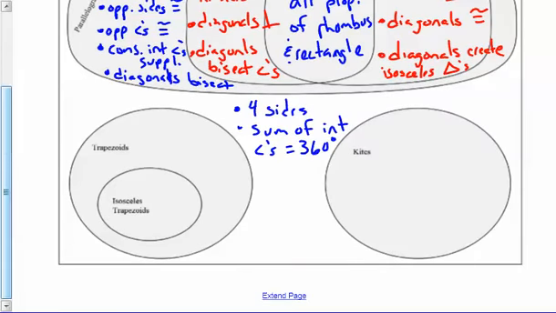So let's just roll down here a little bit and talk about trapezoids. All right? What's special about a trapezoid is that it has one set of parallel sides. Only one set.